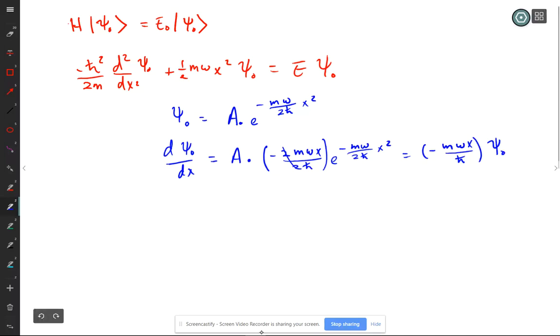And then to find the second derivative, of course, I just take the derivative of that. So taking the second derivative, I'm going to have to do the product rule.